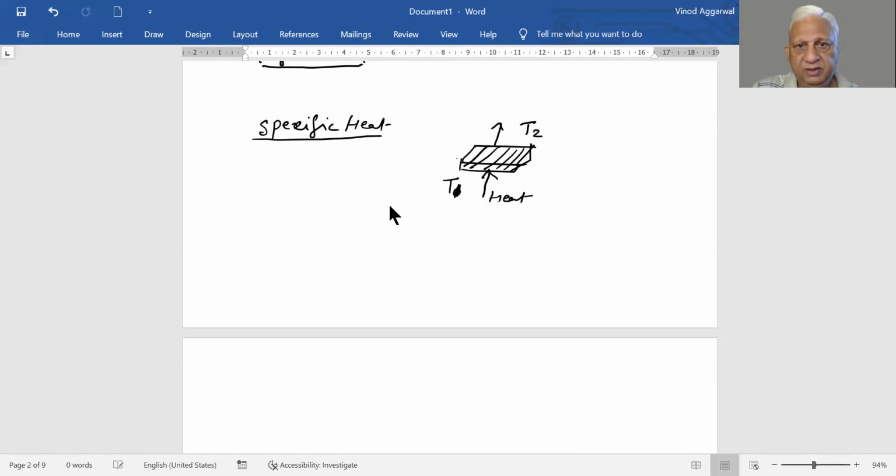How much heat has it absorbed? This depends upon its specific heat. The heat that is taken in or taken out will depend upon m s delta T, where m is the mass of the body and s is the specific heat.